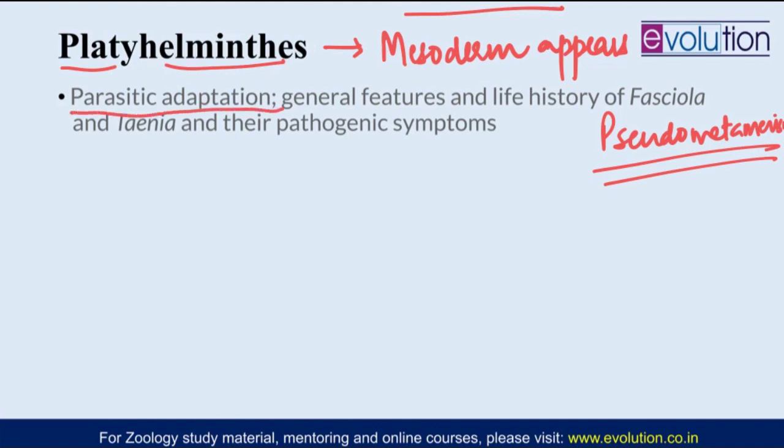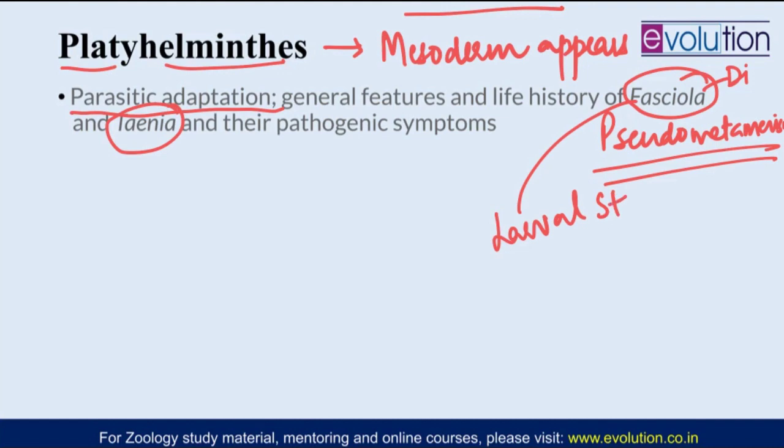And then you have to study the life histories of two. One is Fasciola hepatica, and the other is Taenia solium, along with the pathogenic symptoms. Fasciola hepatica is a digenetic parasite, the liver fluke, which has the main host, that is sheep, and then there is an intermediate host, which is a snail. And you have to describe all the larval stages. They are very important.